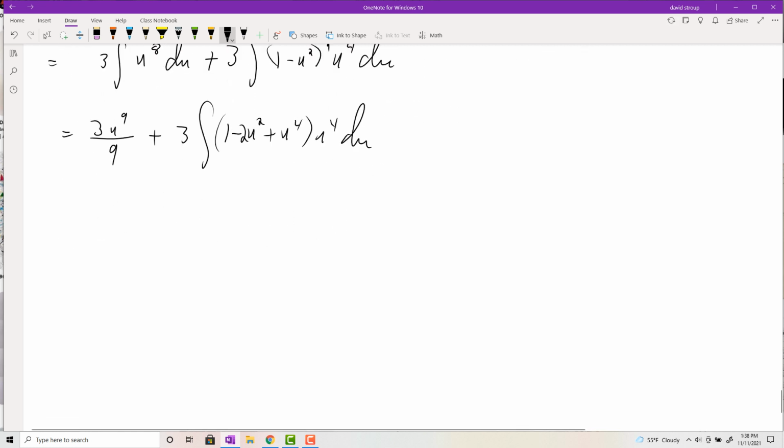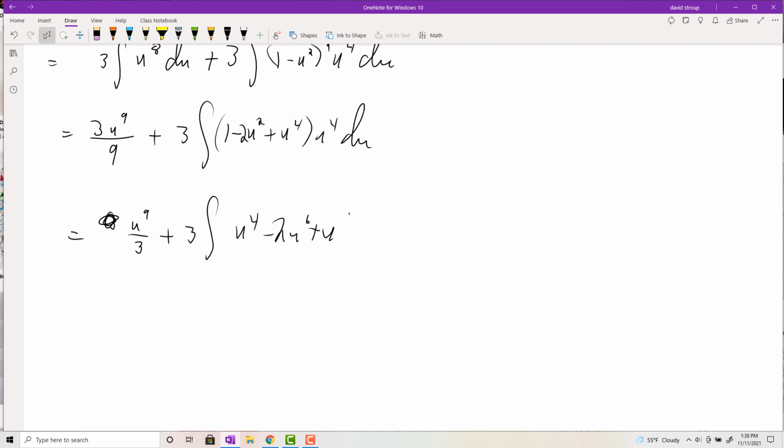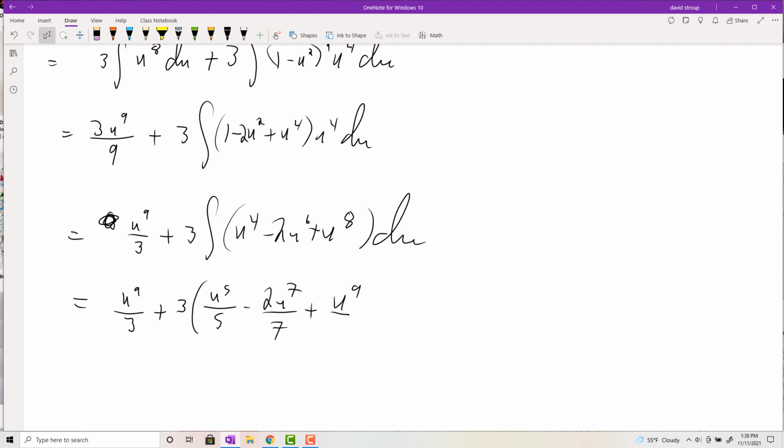This becomes u to the 9th over 3 plus 3 times the integral of u to the 4th minus 2u to the 6th plus u to the 8th du, which becomes u to the 9th over 3 plus 3 times u to the 5th over 5 minus 2u to the 7th over 7 plus u to the 9th over 9. You have to evaluate eventually.